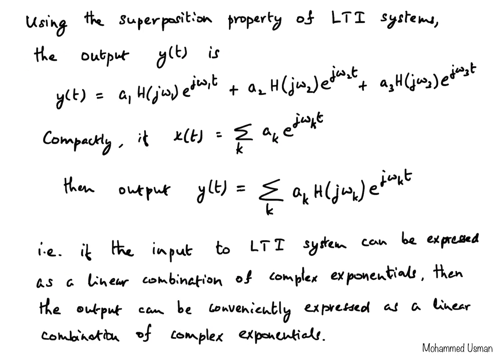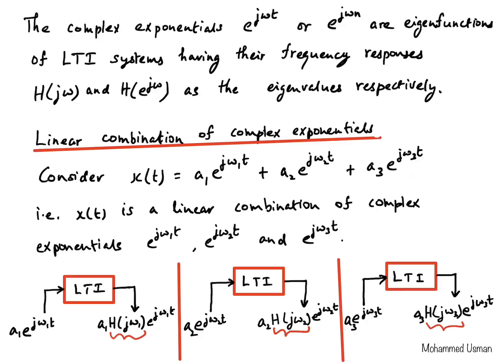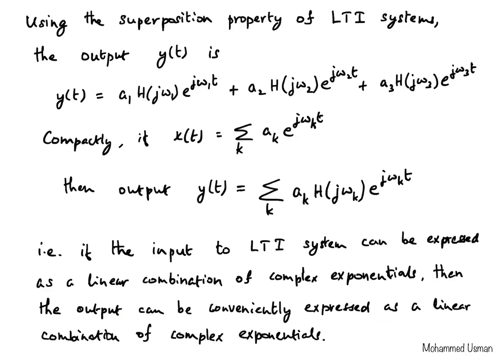So using the superposition property, we'll get our y of t as the sum of these three outputs, because the input is the sum of these three inputs now. So when we have this x of t applied as input, the output will be given by this linear combination of the individual outputs.